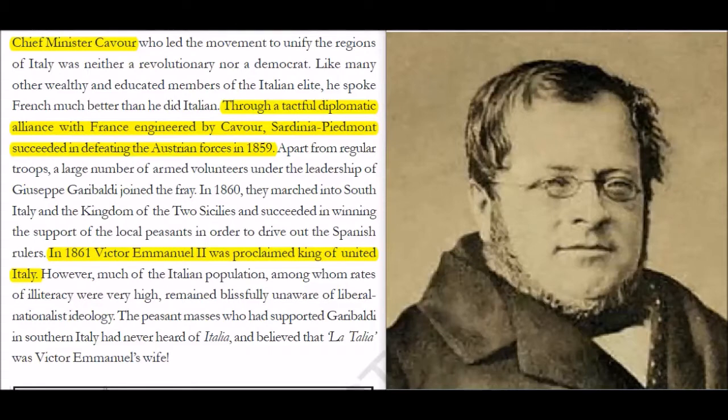through a tactful diplomatic alliance with France. Cavour and Sardinia Piedmont succeeded in defeating the Austrian forces in 1859. In 1860, they marched into South Italy and the Kingdom of Two Sicilies and succeeded in winning the support of the local peasants in order to drive out the Spanish rulers.